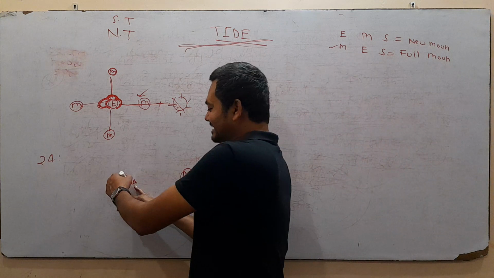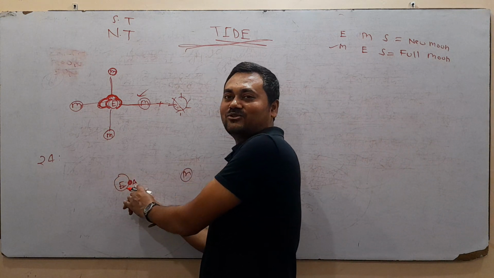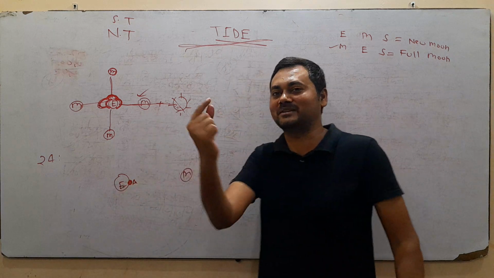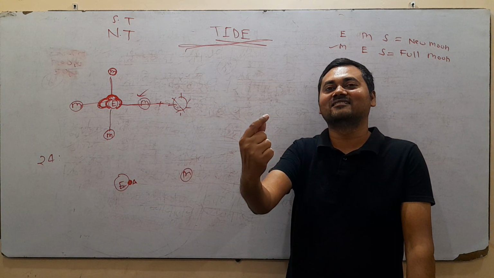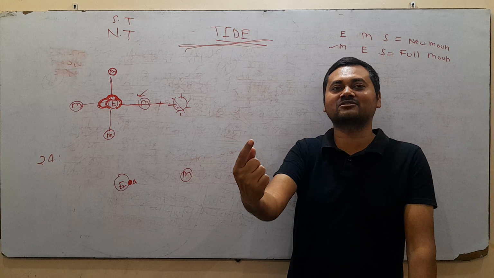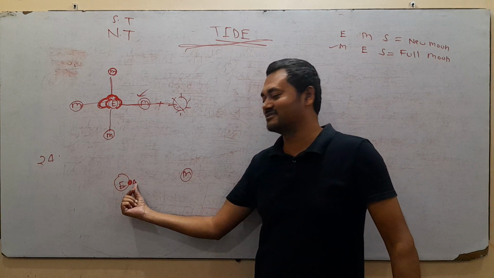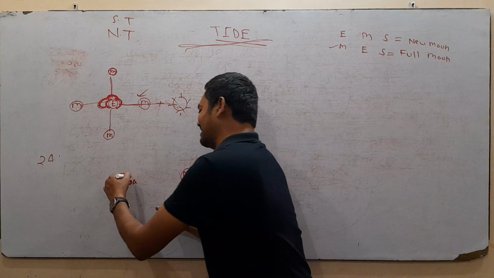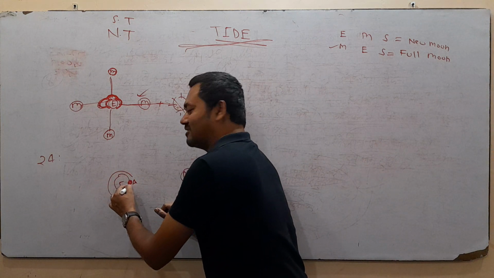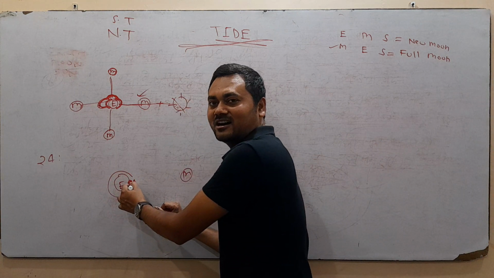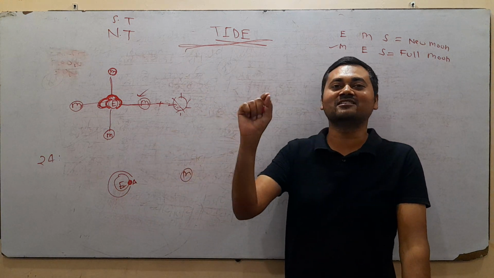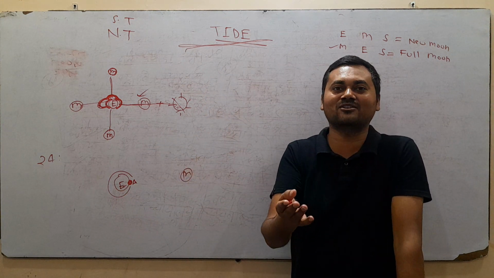Now what will happen exactly after 24 hours? Because the earth completes one rotation in 24 hours. Completes it or not? So don't you think the same point A will come to this place exactly after 24 hours? Will it come or not?